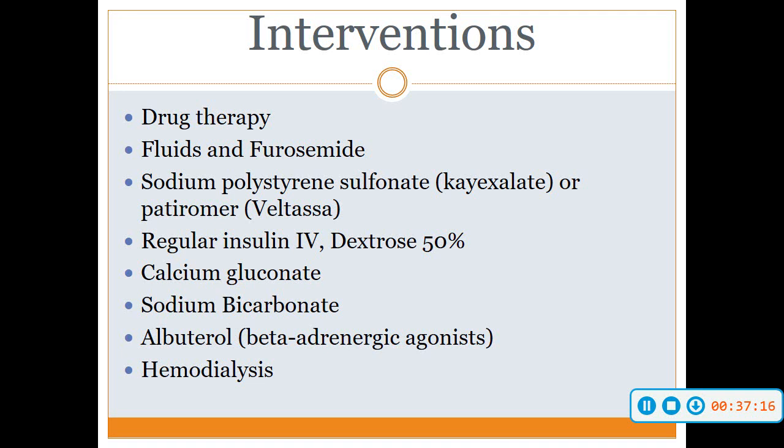The other thing they might start if they're very acidotic, metabolically acidotic, is a sodium bicarb. Okay, because that will help our body fix the acidosis going on, and so our body's not trying to push the hydrogen in and get the potassium out. Okay, albuterol can help shift potassium from extracellular space into intracellular space.